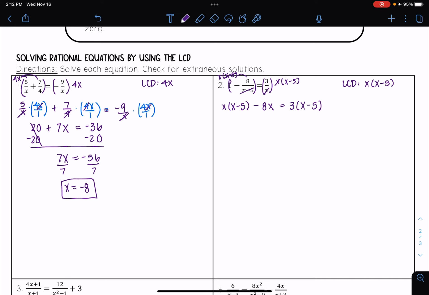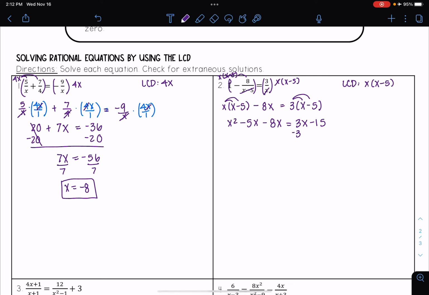Going ahead and simplifying this, x times x, I get x squared. x times negative 5, I get negative 5x, then minus 8x is equal to 3 times x, which is 3x, and 3 times negative 5, which is negative 15. Here I see that I have a quadratic, so I know I need to get all my terms on one side, and I'm going to move them to the side with my square term.